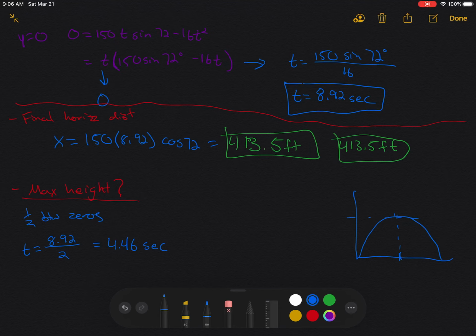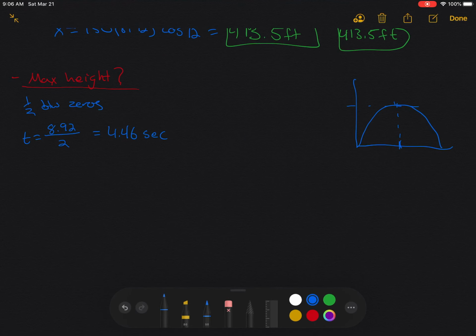Now we know what halfway through our time is. We're going to plug it into our height function, which gives us y equals 150 times 4.46 sine 72 minus 16 times 4.46 squared.